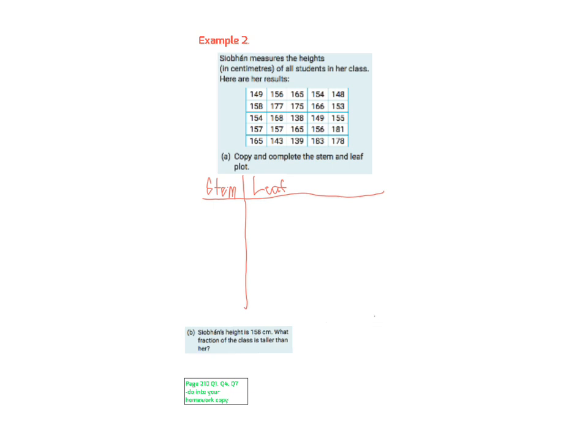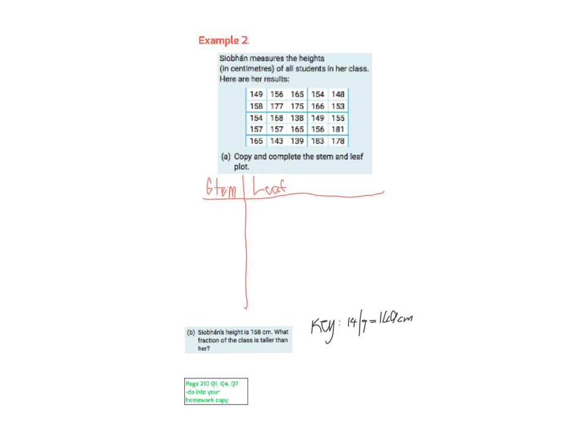So the key: 14|9 equals 149 centimeters. And it's really important that you put there what it actually is when you convert it back. So for the key, you can usually think about it that the vertical line just goes in front of the last number.